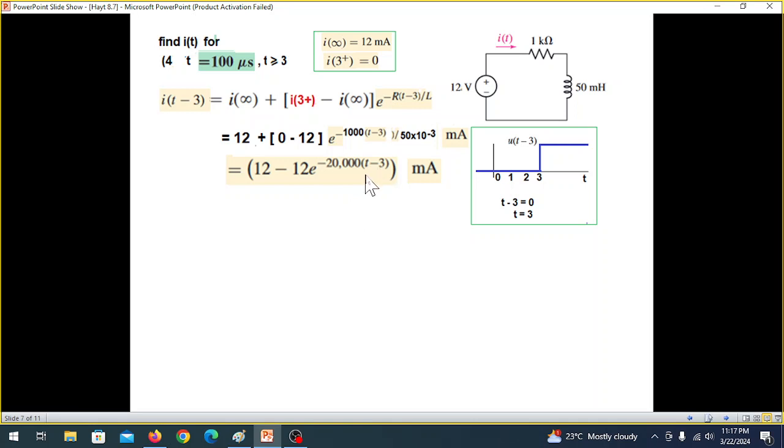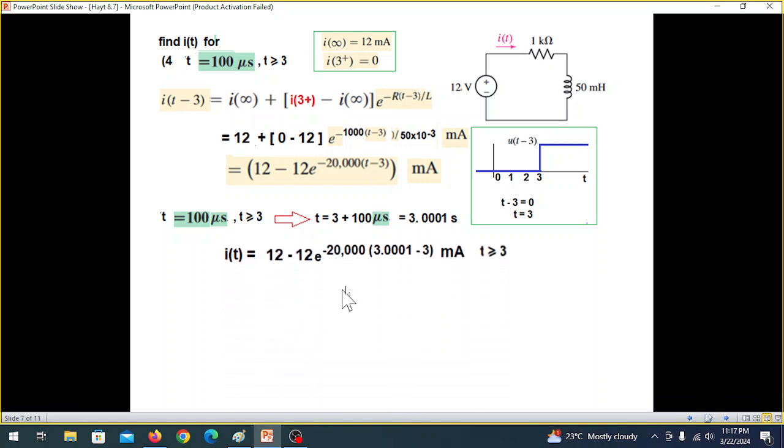Now we'll put the value of this 100 microseconds, but since it is after t greater than 3, that implies that t is 3 plus 100 microseconds. That means it is 3.0001 seconds. We'll put this value here. So putting this and solving using your calculator, this is the answer.